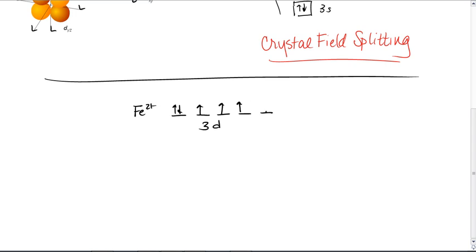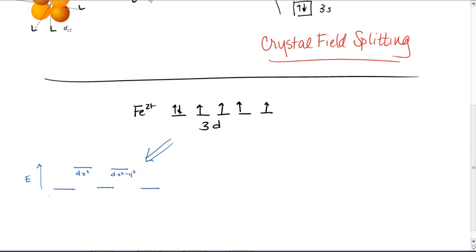But when the ligand comes in, those d orbitals actually split in energy. So here's energy. And the ones that become higher in energy are those two that experience more repulsion. So that's dz squared and dx squared minus y squared.